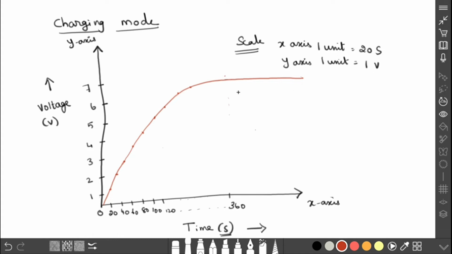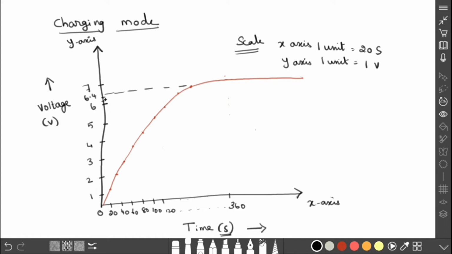Now the next step. As per the values we have drawn the graph, but from the graph how can we calculate the time constant? For that we have to follow one step. What is the step? Now you see, this is the saturation value. After this there is no change in the voltage. So first step, draw a straight line from the saturation line. For example, it is 6.4.